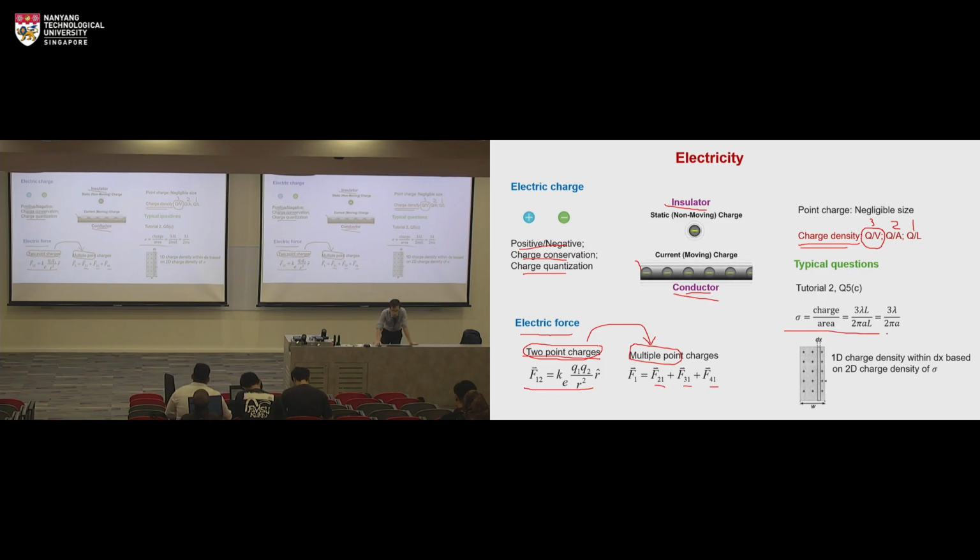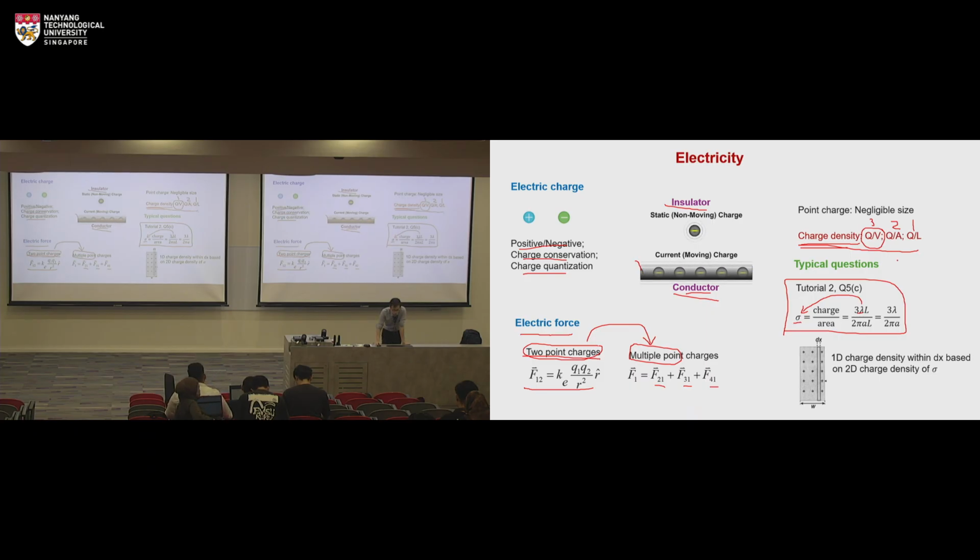If you still remember this tutorial question, basically what you did is to convert the one-dimensional charge density lambda to the two-dimensional charge density sigma. Here the underlying concept is just how you define the charge density for different dimensionality.